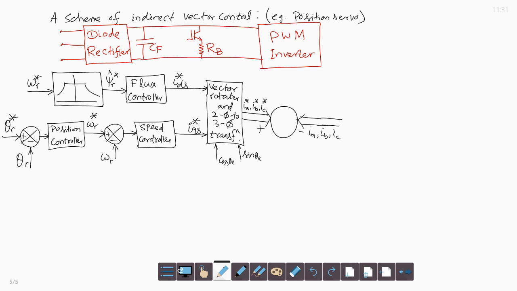The PWM inverter uses, in this case, hysteresis band PWM current control, which gives the control pulses to the PWM inverter, and the PWM inverter is feeding the induction motor.